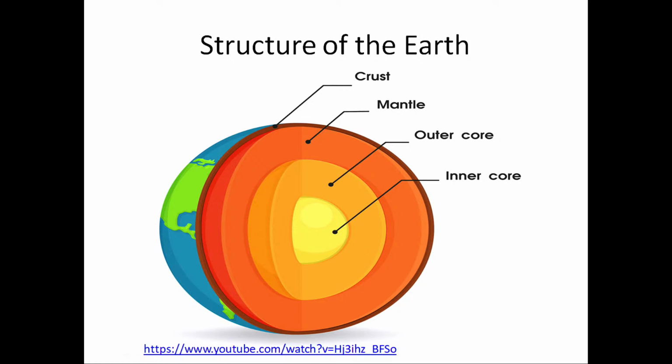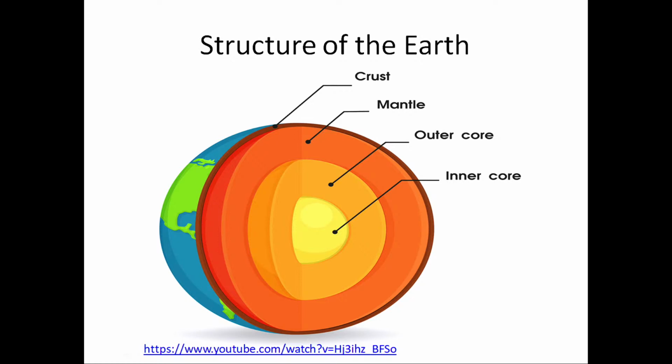So, the structure of the earth: the area where we live, the solid part, which is brittle in nature, is called the crust, where oceans, mountains, plains, plateaus are there, and we make our buildings and live. That portion of the earth is known as crust.